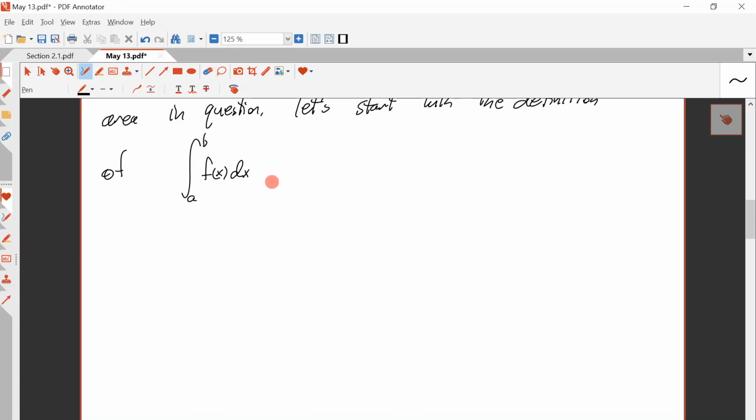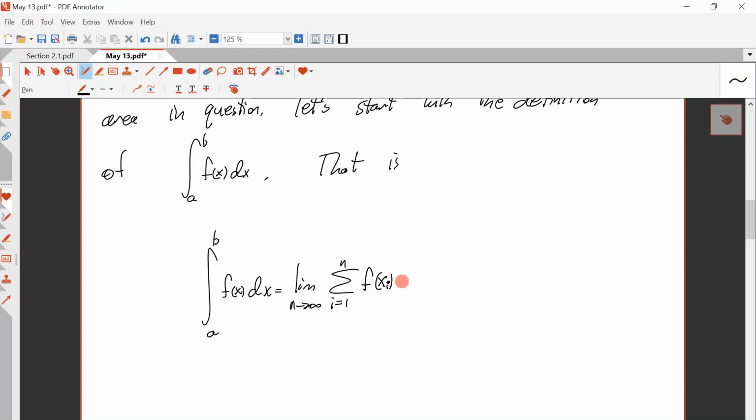That definition is: the integral from a to b of f(x) dx is equal to the limit as n goes to infinity of the sum from i equals 1 to n, that Riemann sum, f(x_i) delta x, in which delta x is (b minus a) over n, and x_i is equal to a plus i delta x.